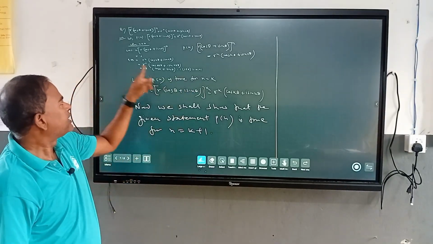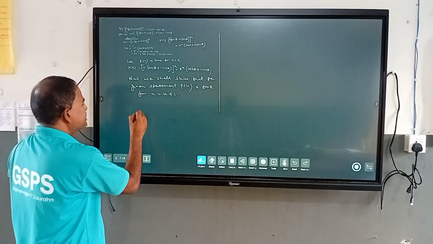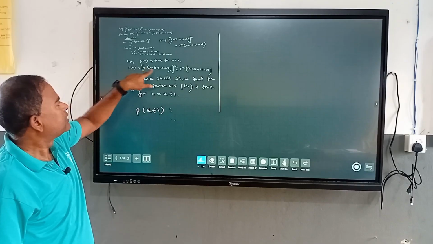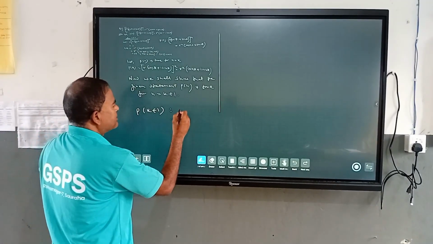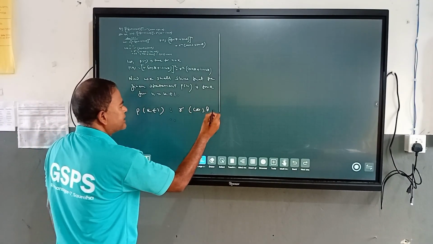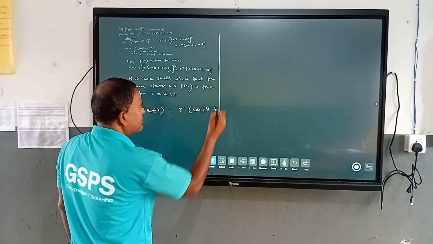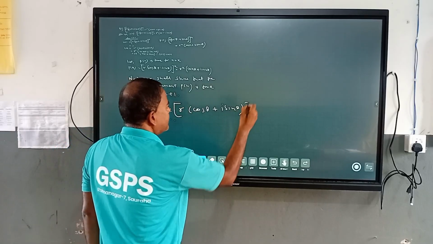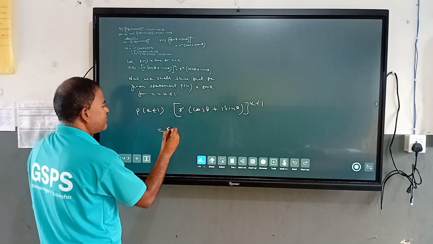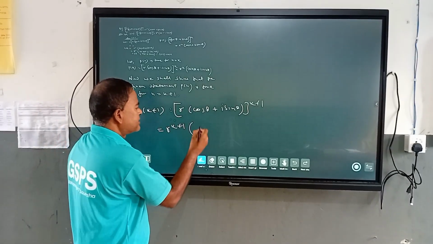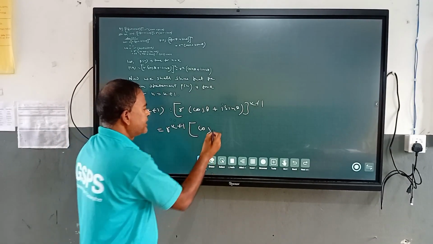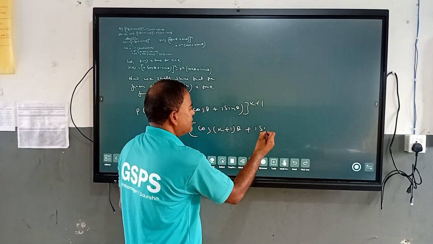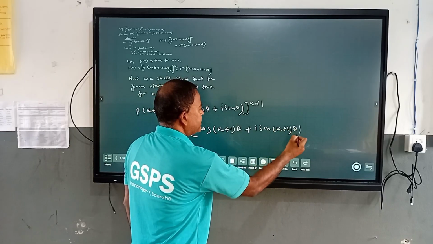So when we take the value of n as k plus 1, we get the given statement P(k+1). By putting n equals k plus 1 in the given statement, we get P(k+1) equals (r(cos theta + i sin theta))^(k+1) equals r^(k+1) (cos (k+1) theta + i sin (k+1) theta).